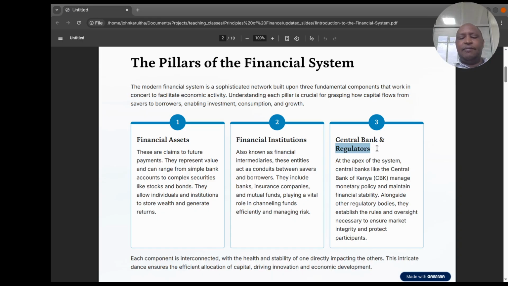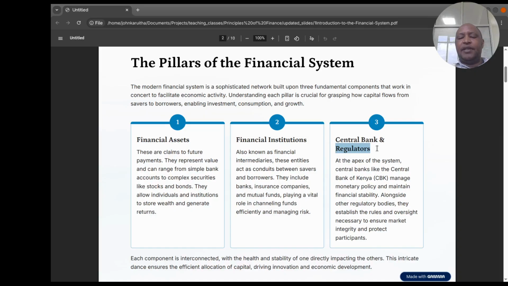Every financial system in every country in the world has a regulatory framework. People who set rules and ensure that those rules are adhered to. In Kenya, for example, every bank is regulated by the Central Bank of Kenya. We are talking about the commercial banks.